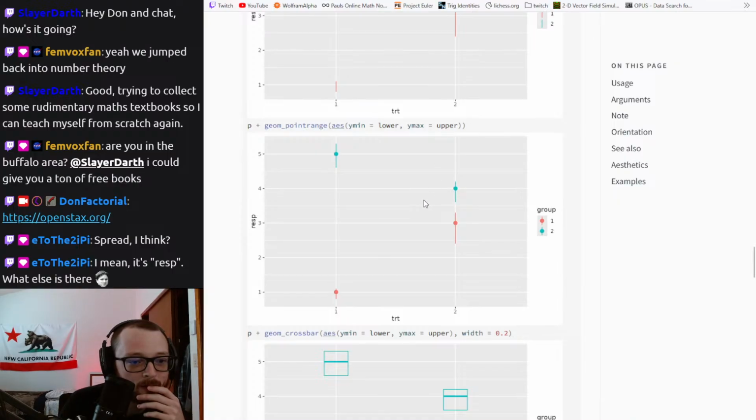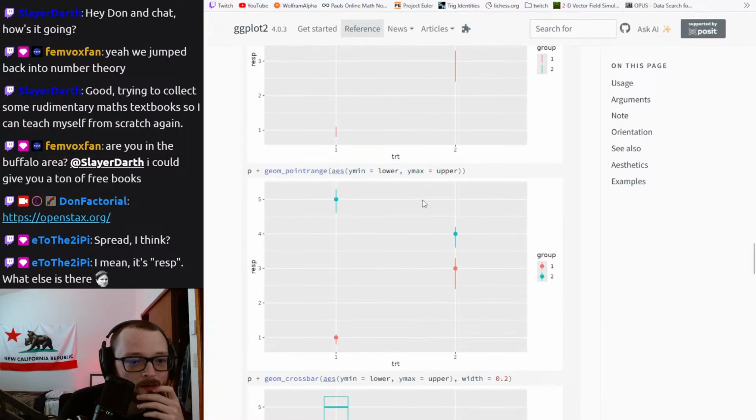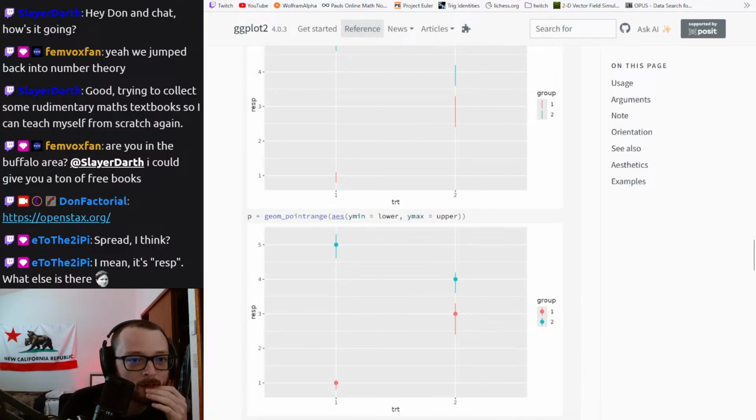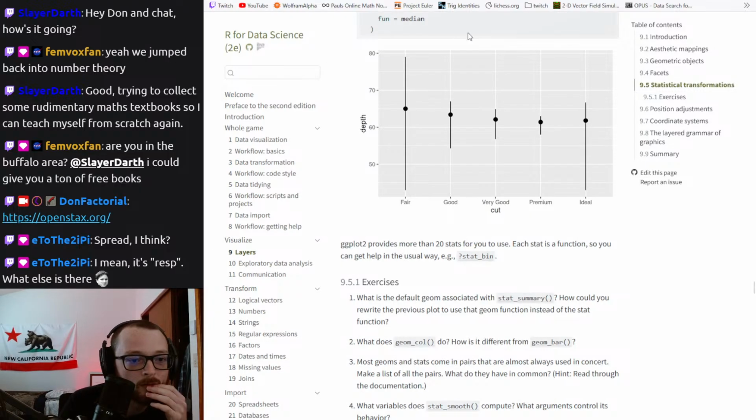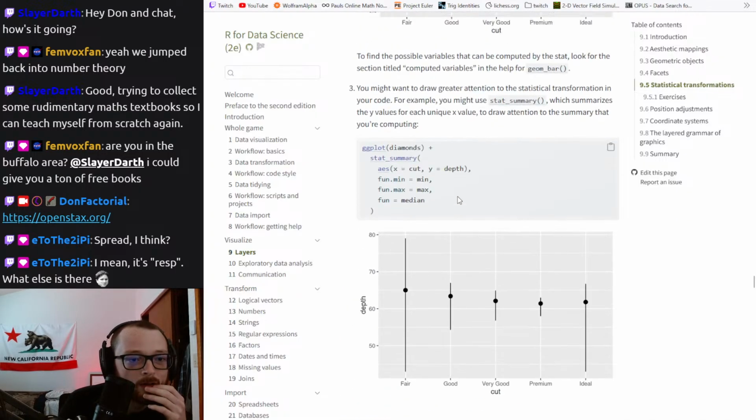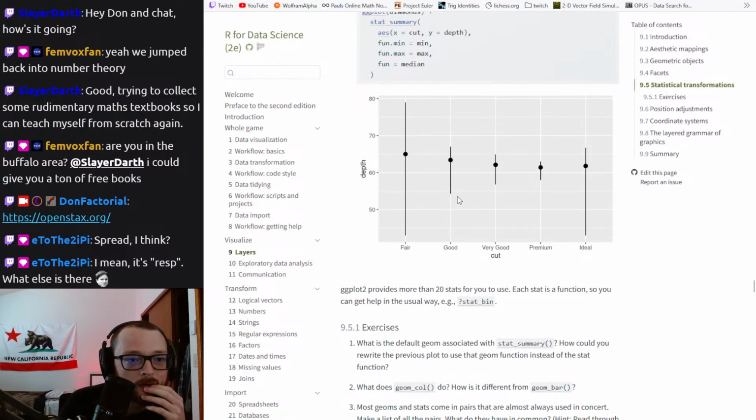Which is the same thing, just points in the middle, apparently, to show the median, I would guess. So I'm even more confused.